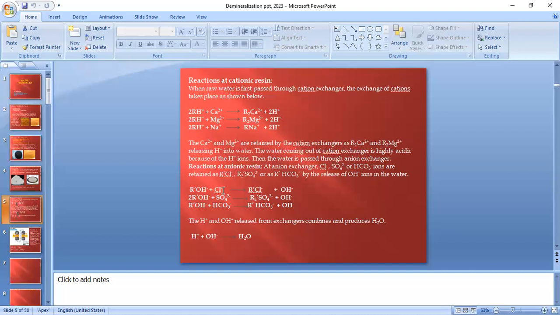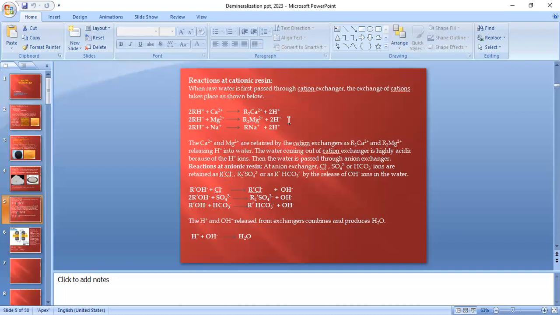So the Cl will go to the place of OH and OH becomes free. That is, the product is RCl. That is, the chloride ion is getting retained in the resin itself. Similarly, in the next reaction, we can see how the sulfate ions are retained in the resin itself.